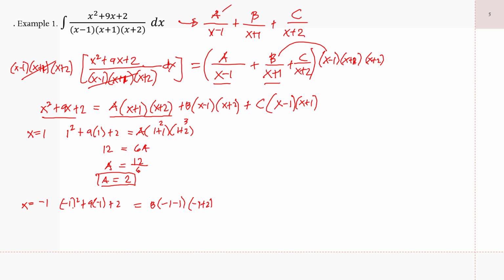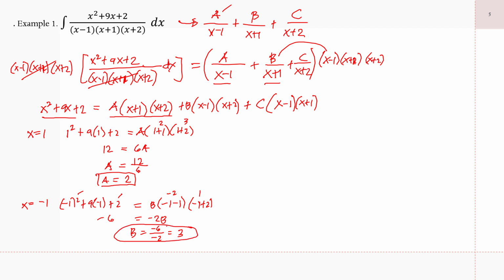So 1 plus 2 is 3, minus 9 is negative 6, and this is negative 2 times 1, so negative 2B. So B is negative 6 over negative 2, which is equal to 3.